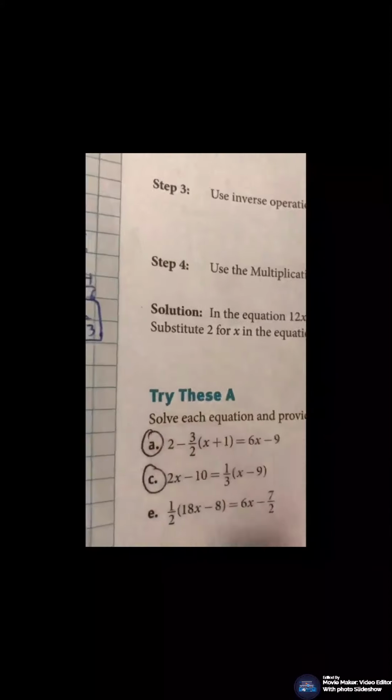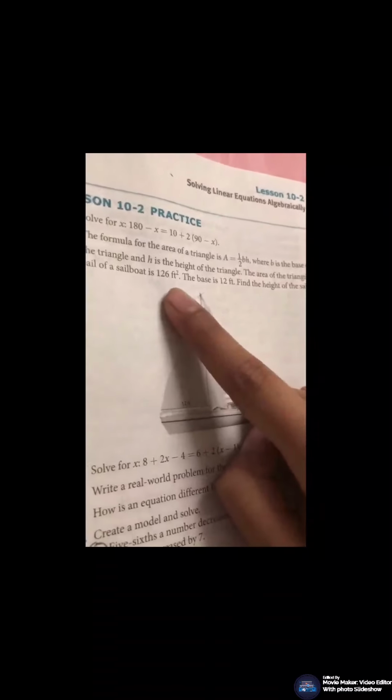124, try these A. I would like you guys to solve this on your own because we already had practice of this problem. And number 13 is a real world situation in which they give you the formula of the triangle, and we have to find the height of this triangle right here. They give you the area, so you put in the area over here, and they also give you the base, so you put in the base here, and then you need to find the height.